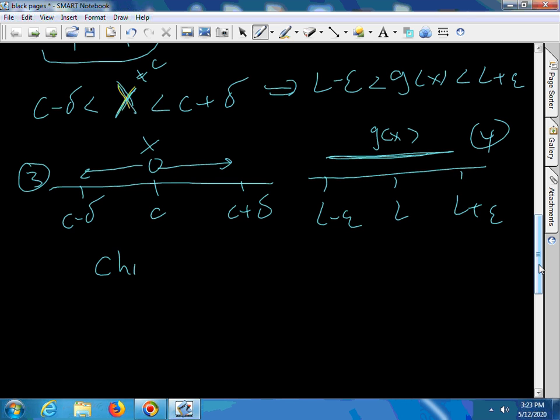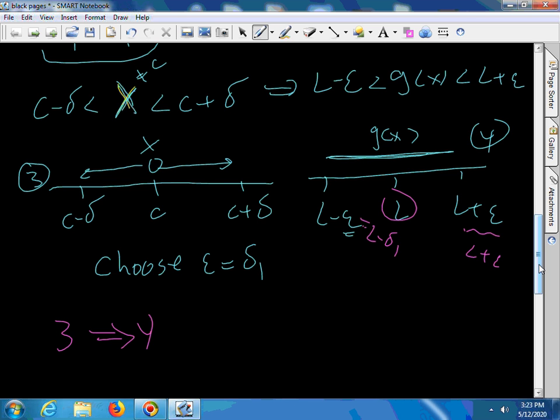Now, if I choose epsilon to be delta 1, that means this will be L minus delta 1 and this will be L plus delta 1, and L would be in the middle. So statement 3 implies statement 4. Now, if I let y equal g of x, that's another thing that's important. y is g of x.